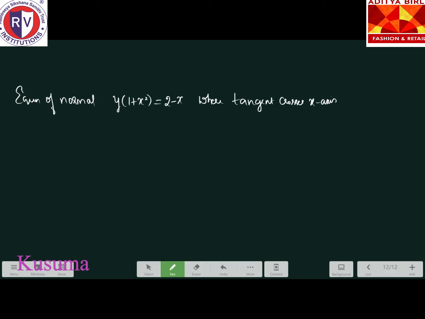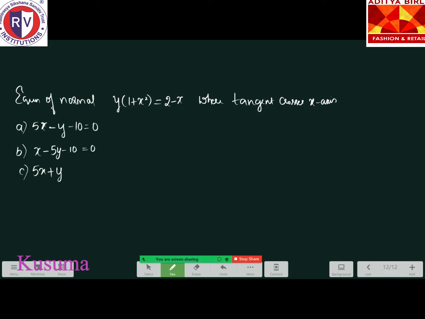The equations given are: option A is 5x minus y minus 10 is equal to 0. Option B is x minus 5y minus 10 is equal to 0. Option C is 5x plus y plus 10 is equal to 0. Option D is x plus 5y plus 10 is equal to 0.